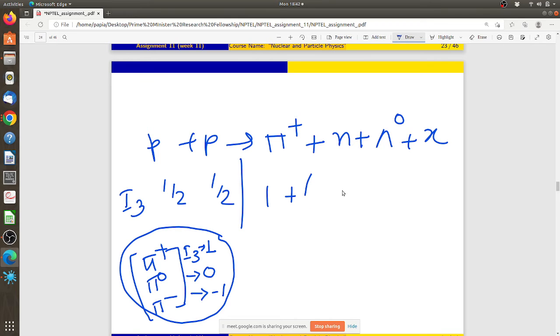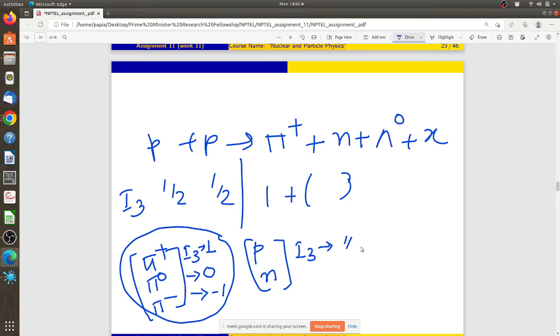Now tell me what will be the value of I3 for n. Plus lambda 0 has... No, n. n is half. No, not half. P and n make a doublet. I is half, but not I3 is half.